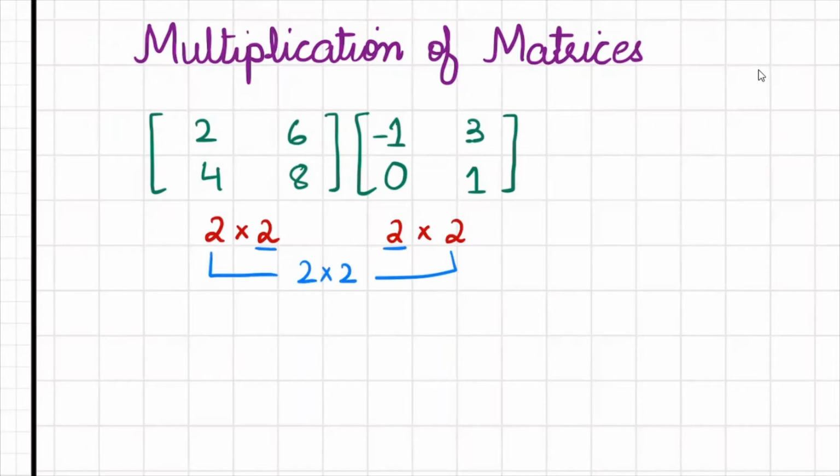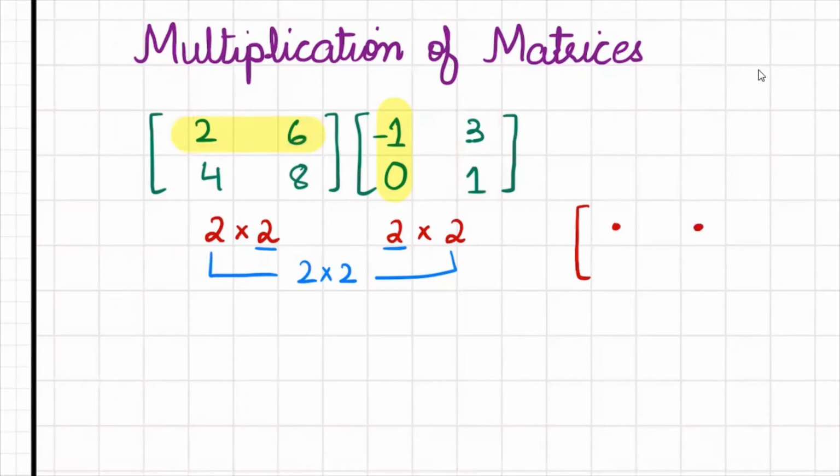Now, how do we multiply it? First, let me highlight it. This is the first row and this is the first column. I will be multiplying them, and when I multiply them, I would be forming this value over here. After that, I will multiply the first row and the second column, and I would be forming this over here.